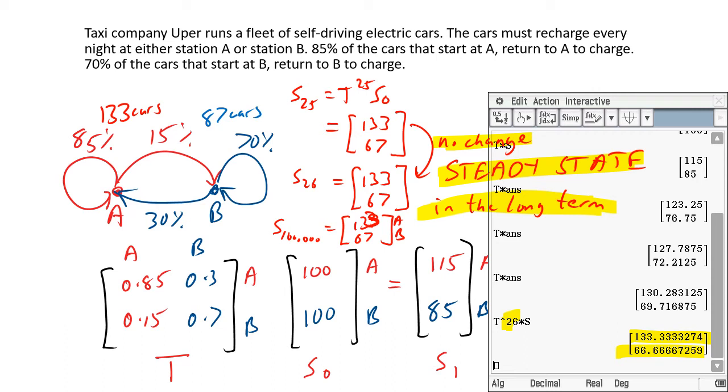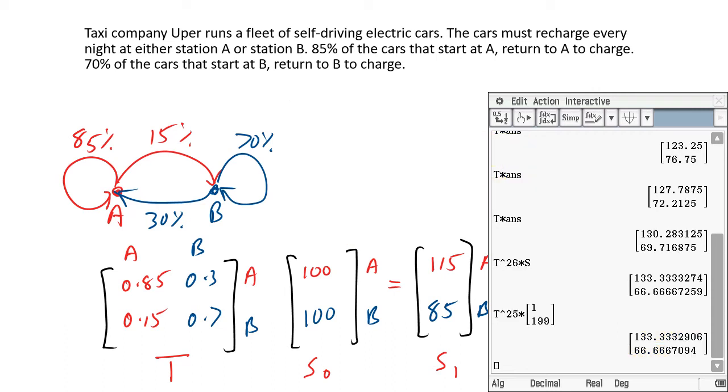And that's what we mean by steady state. And I'll show you one more weird thing about steady state, because this will help you with some exam questions. So we're going to say S infinity, that's steady state, equals, well, technically T to the infinity S0, but we can't do infinity on the calculator. It will take forever to do.